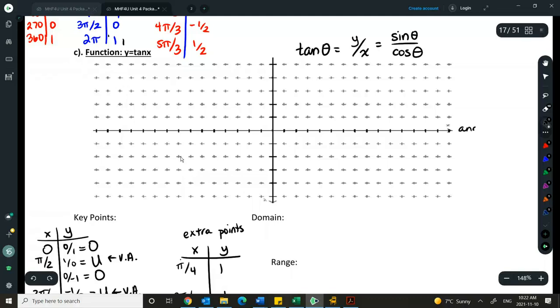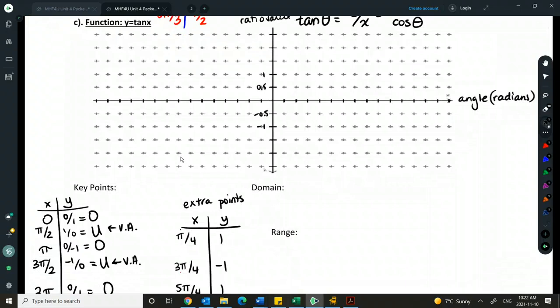This will be our angle in radians. This will be the ratio value up here. And I'm going to do 0.5 and 1, negative 0.5 and negative 1. Excuse me. And then same labels as before. So pi over 6, pi over 3, all those same ones.